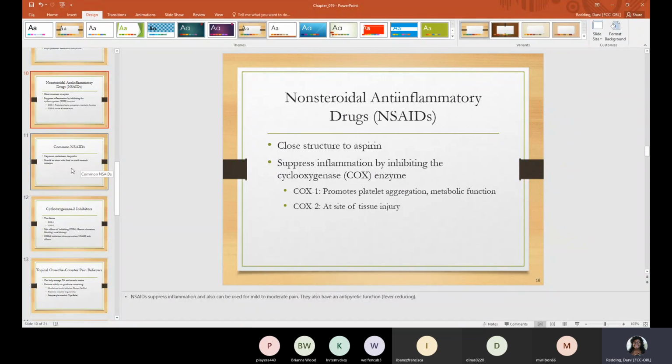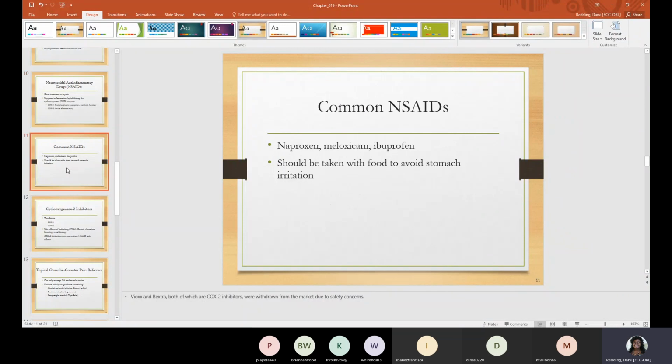Now that we've learned about the drug class NSAID, we'll next learn about some common NSAIDs. Some common NSAIDs are naproxen, meloxicam, and ibuprofen. A lot of people know ibuprofen as being over the counter. Ibuprofen has two brand names. It's either Motrin, or I believe it's Aleve.